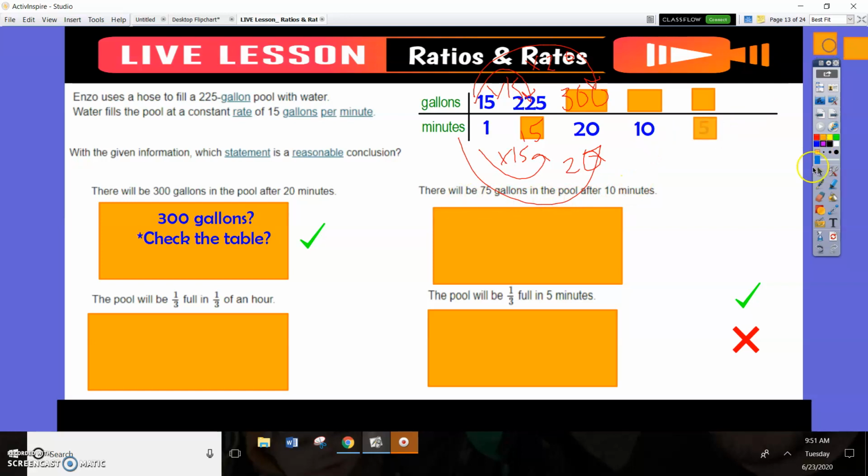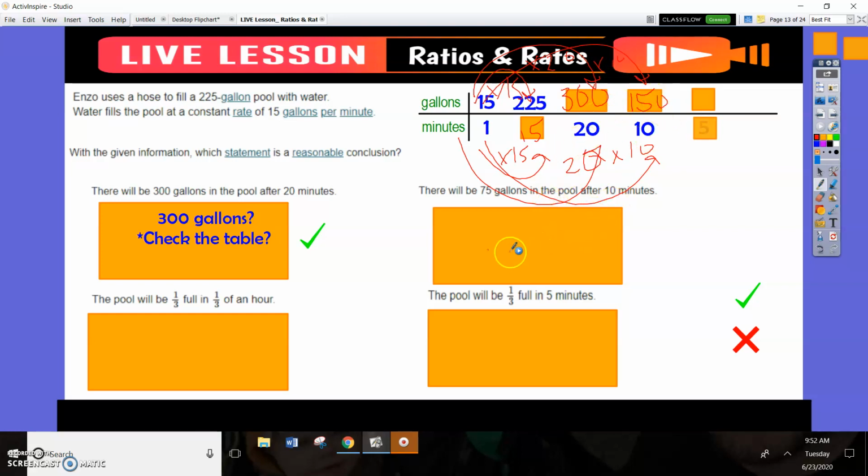Okay, there will be 75 gallons in the pool after 10 minutes. Okay, so here's that representation. I know that 1 times 10 is 10. So 15 times 10 is going to be 150, okay?